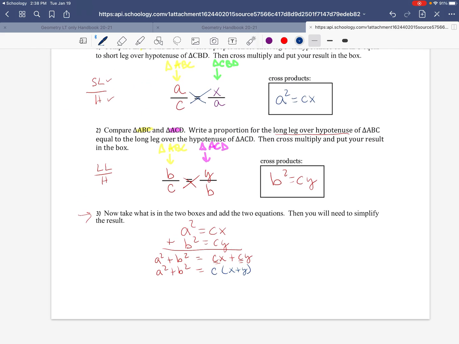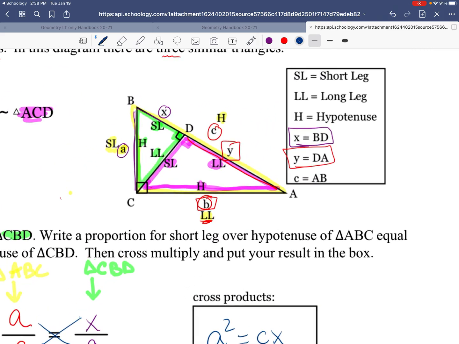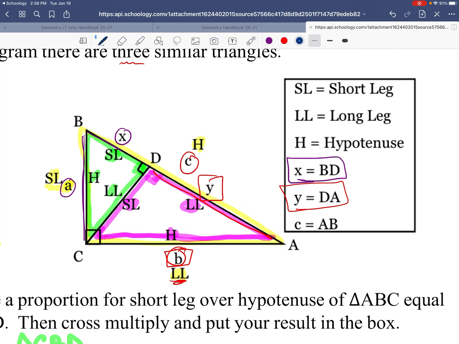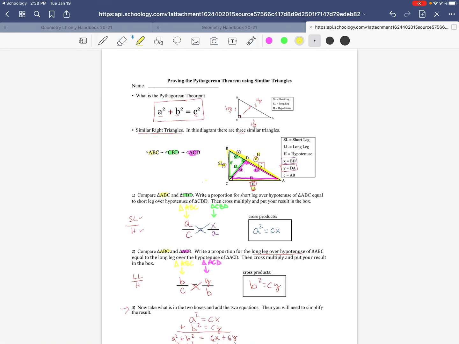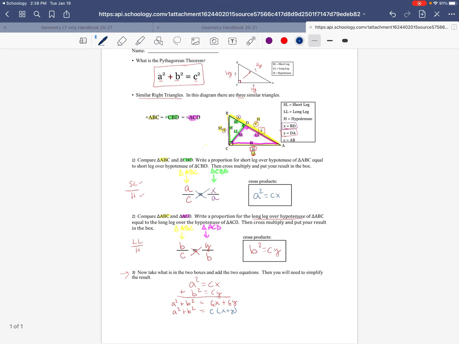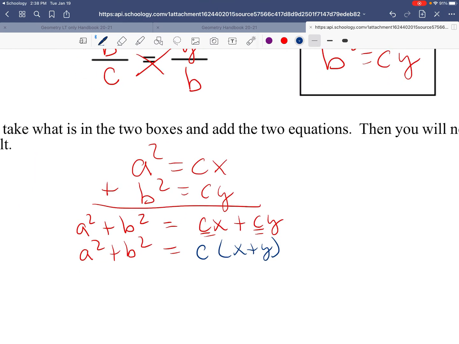Now if we look at our diagram up here, see what x plus y is? x is this length here. y is this length here. If I add those together, I get this entire length, BA, which is my hypotenuse, c. So I'm going to go down here and replace this x plus y with c.